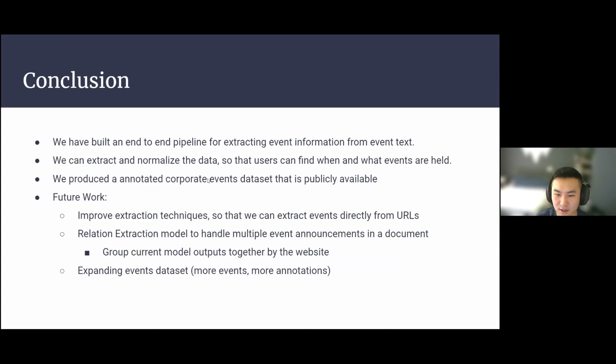Some future work that we could do is to improve our extraction techniques so that we can extract the event information directly from the URLs. To do this, we probably need a relation extraction model to be able to handle multiple events in a document. And we could also expand our event dataset so we can have more training data to improve our models as well.